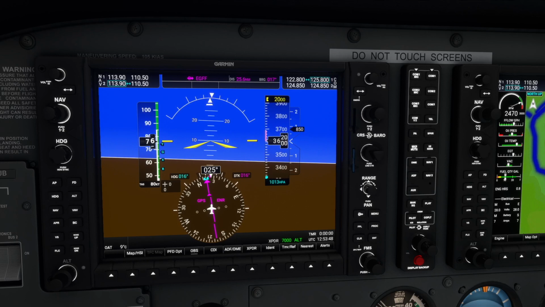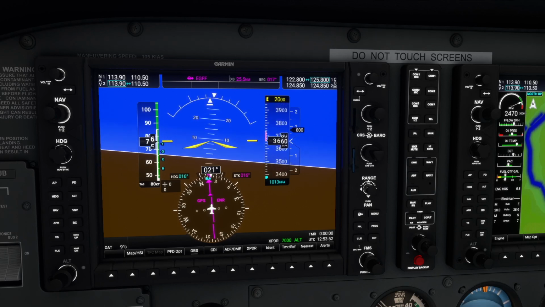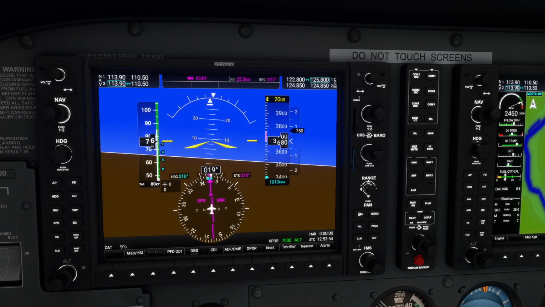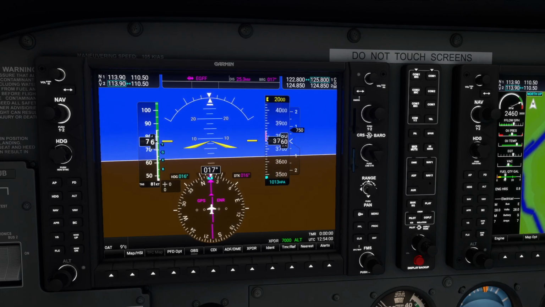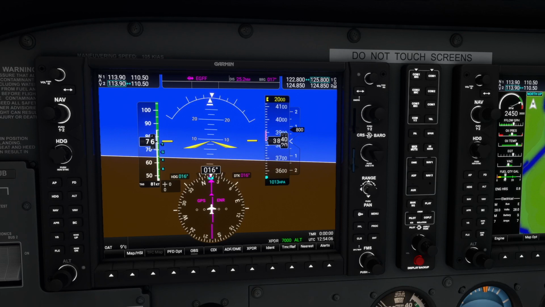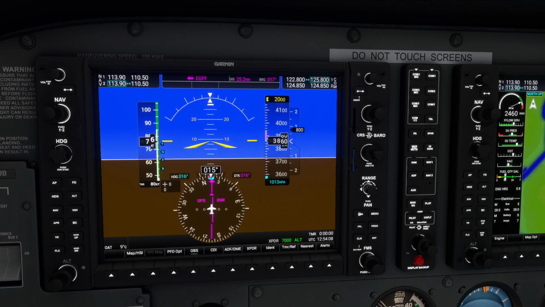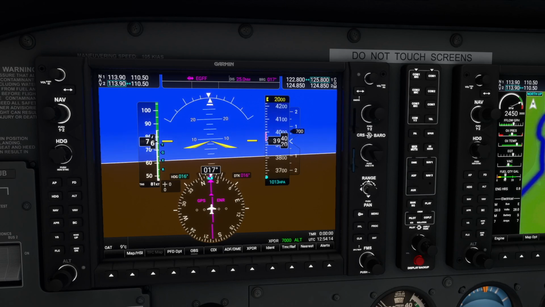So now we know that with these pitch power settings between 7.5 degrees and 10 degree pitch, full power, I'm going to get VY. Learn these pitch power settings. They're going to help you a lot in terms of workload. If you set the pitch and you set the power and then you fly the aircraft, you can reduce your scan because you know where the airspeed is going to settle.